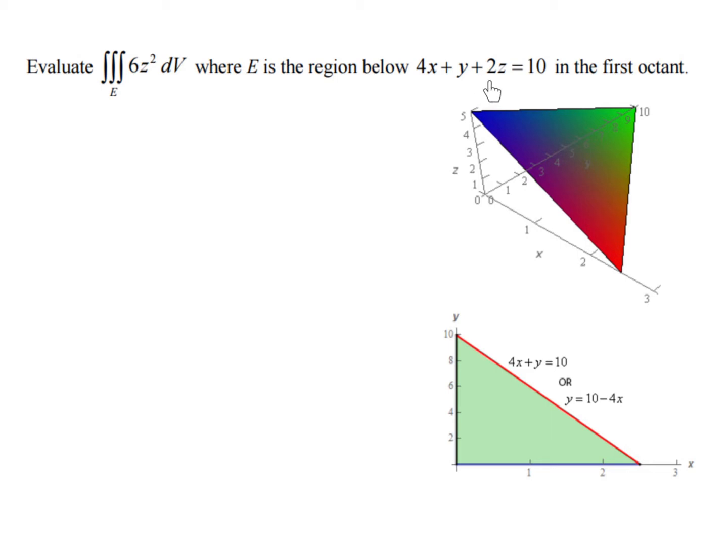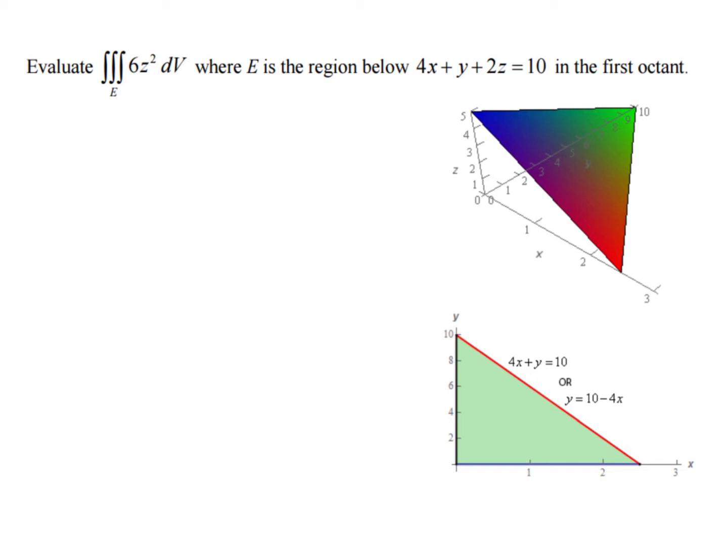That means that if your differential is dz, only x's and y's can appear in your bounds. Once we've found the antiderivative with respect to z and plugged in those bounds, we can't have any more z's. We can only have x's or y's, because that's all that's left to evaluate. So we're going to rewrite this equation right away and solve it for z.